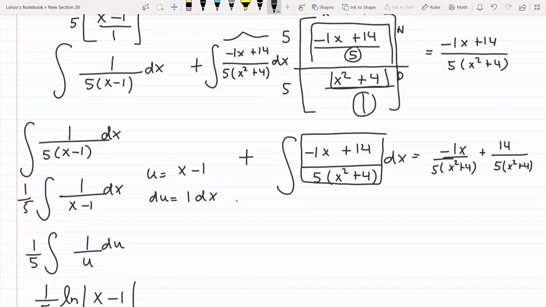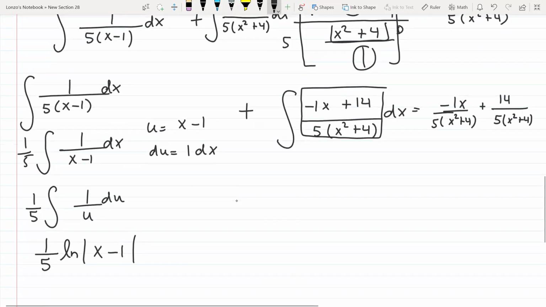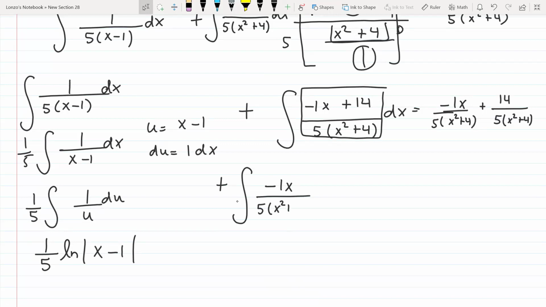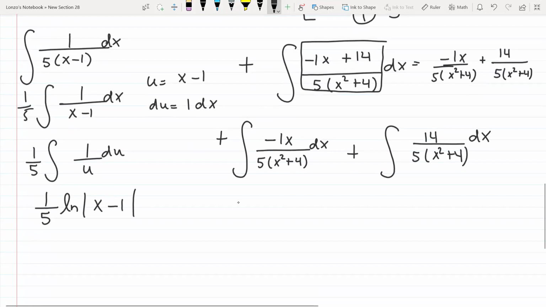Okay, so I'm going to break it down into two different integrations. I know that's weird. You have to break it down more. So now we have two more integrations we have to do.